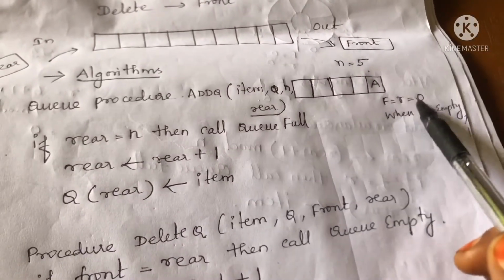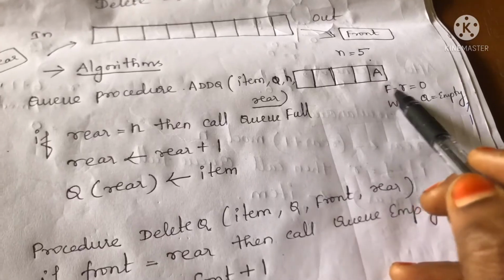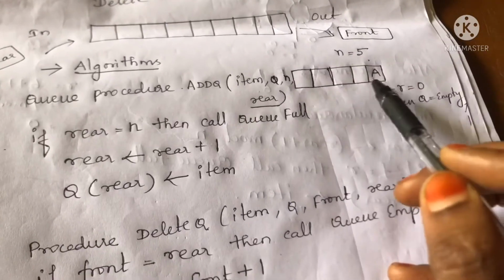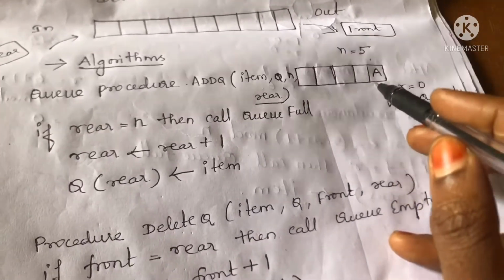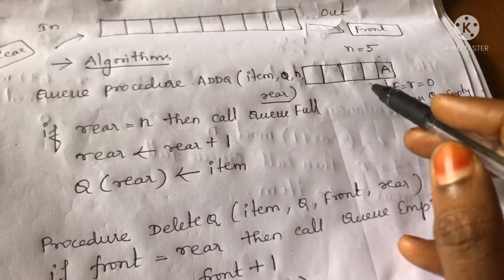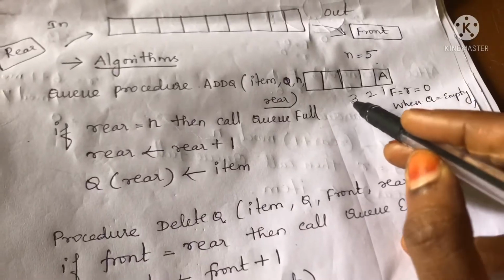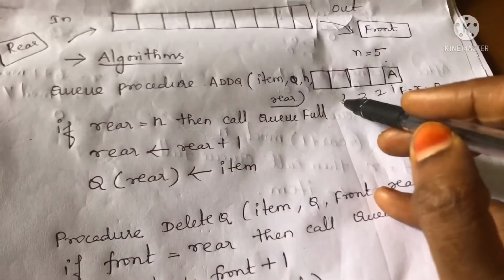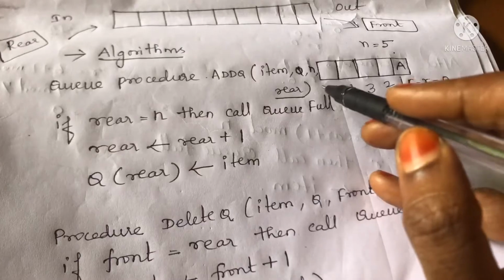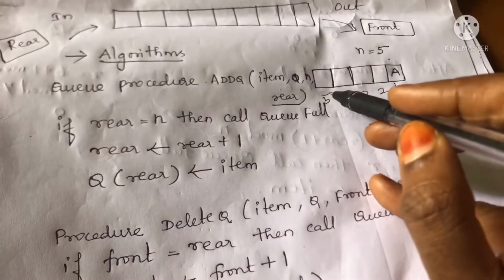One by one, the values are added at the rear position. Now rear is 0. If I add one element, rear will be incremented by 1, so here it represents 1. Next I add another element, rear value 2. Then another element, rear value 3. Next, rear representing 4. Then rear representing 5.